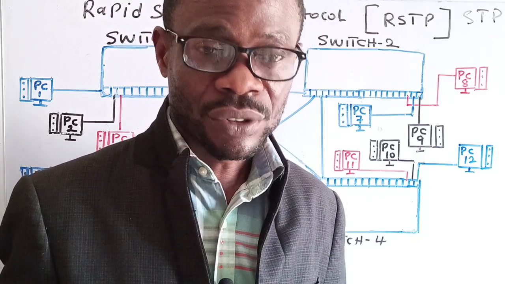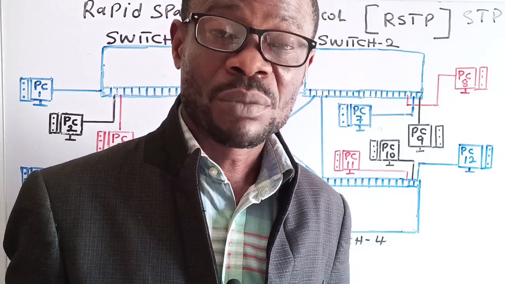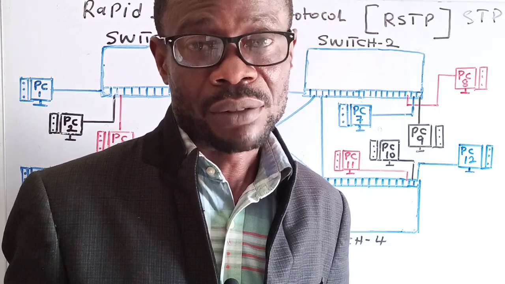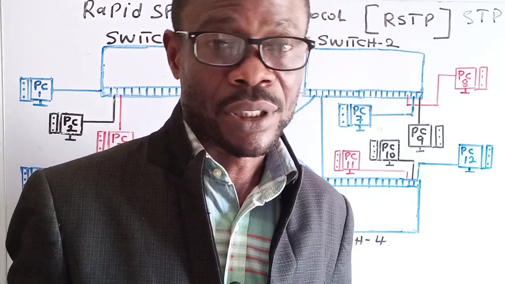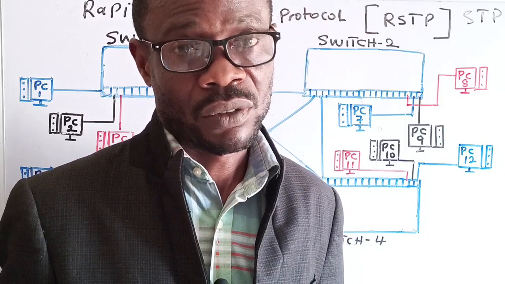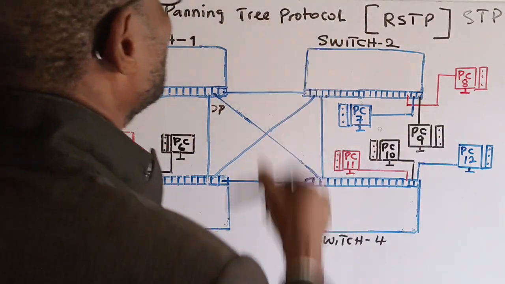Because of the spanning tree issue, they need to wait approximately a minute to open the email application, which is not too good for a network administrator. So what you need to do is configure Rapid Spanning Tree Protocol.